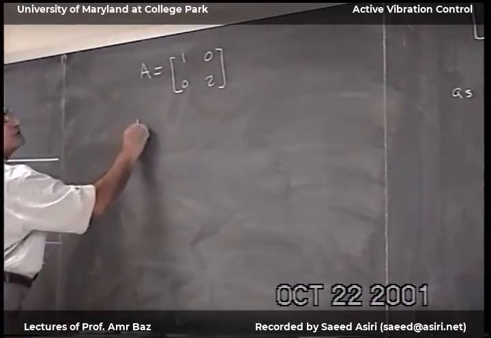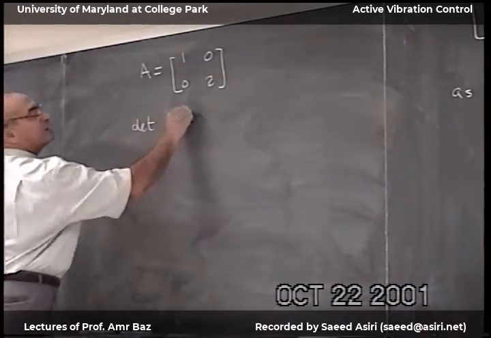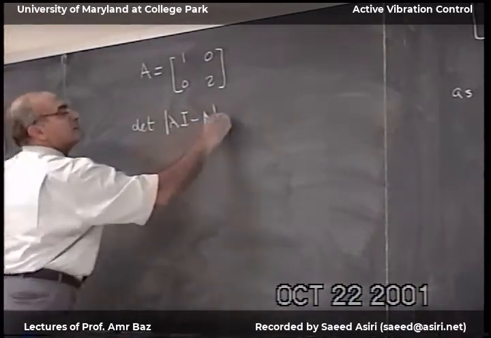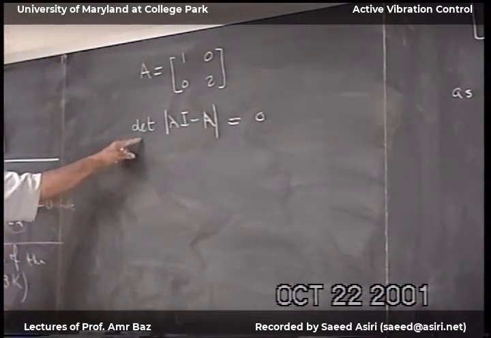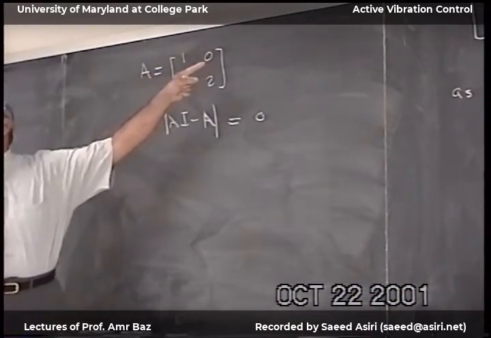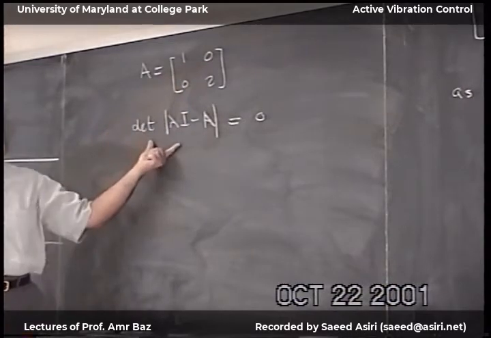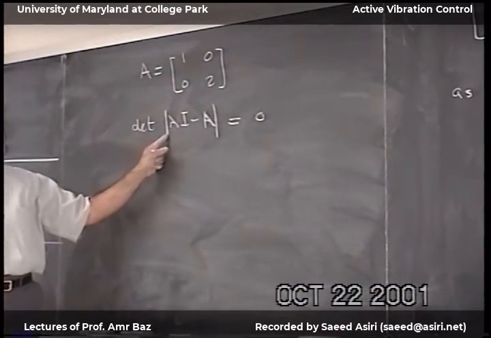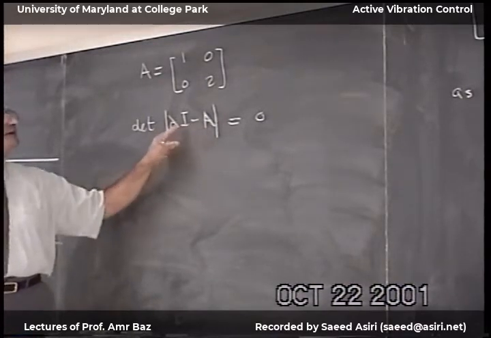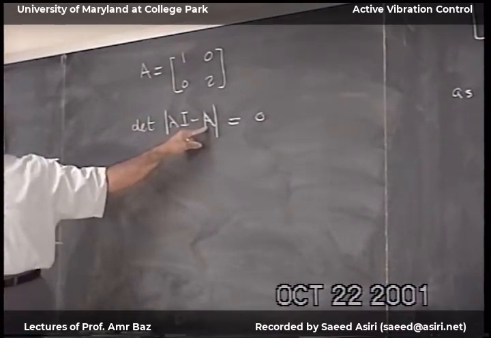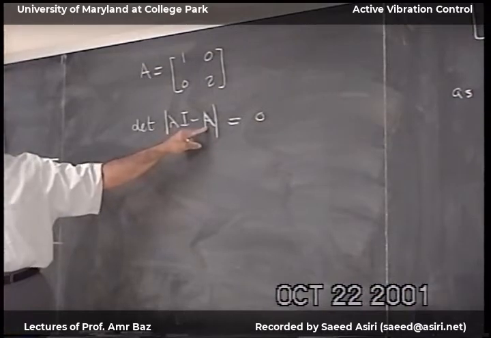Because to get the eigenvalues, I have to set the determinant of lambda I minus A equal to 0. The determinant doesn't care if I expand from the row or I expand from the column. The determinant is the same. So the determinant of A is the same as the determinant of A transpose. So the eigenvalues of A are exactly the eigenvalues of A transpose.